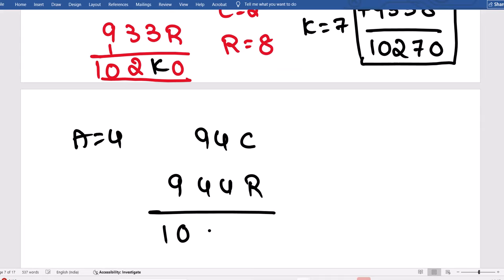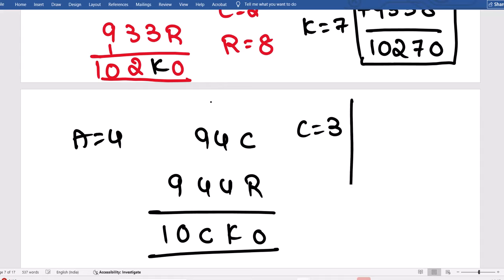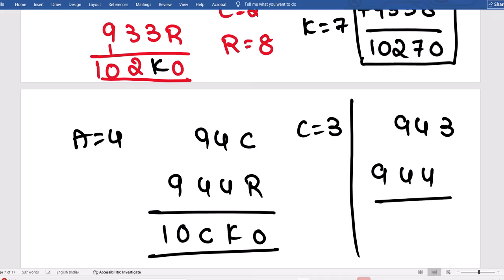If A is 4, then C must be 3. If you put 3 for C, R must be 7.